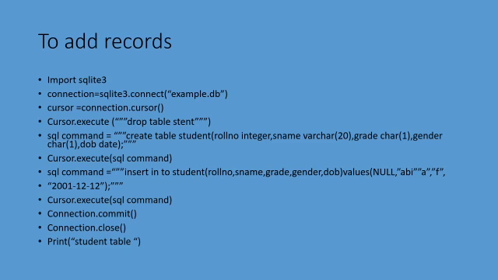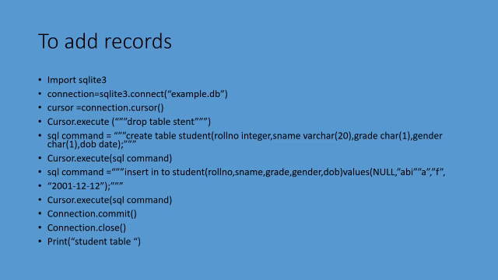Next, I am going to create a new table. So once again, SQL command equal to create table student. You write all the fields and data types, the same thing we have seen previously. You can close the bracket and after that a semicolon, and it can be given within 3 pairs of double quotes. That's all. So SQL command equal to create table student I have given.